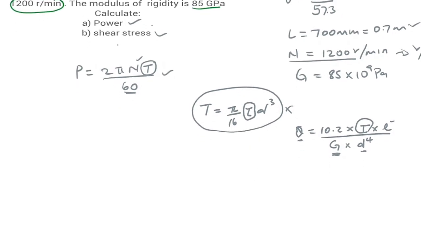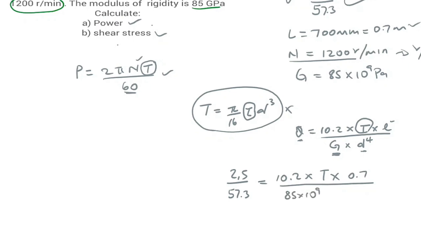So let us substitute here. The angle of twist, let us write it. It is 2.5 divided by 57.3 is equal to 10.2 times 10 to the power of minus something, then the torque that we are looking for times the length, 0.7, all divided by the modulus of rigidity, 85 times 10 to exponent 9, then times the diameter, which is 0.025 to exponent 4.